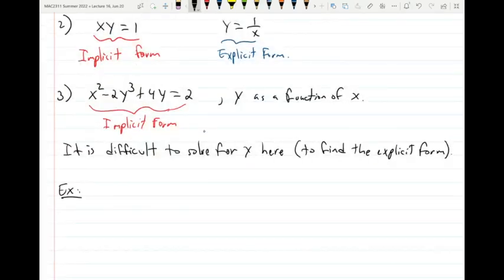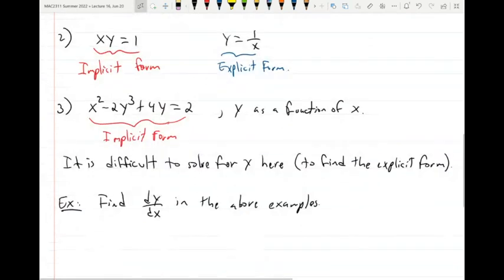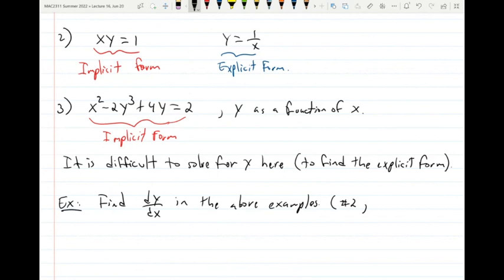Another example: since y is a function of x, let us find dy/dx in the above examples. By this I mean number 2 first, and then we're going to do 1 and 3 later.